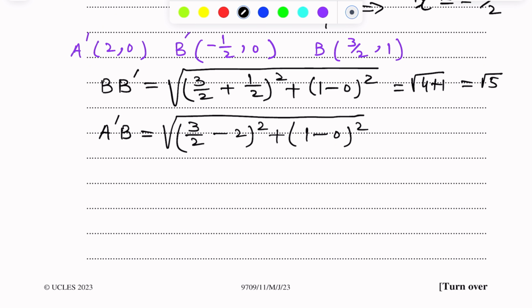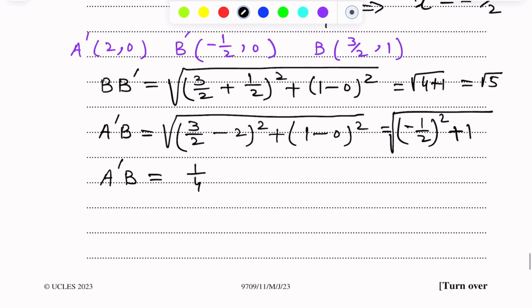Simplifying it, we get minus 1 over 2 whole square plus 1 whole square, whole under root. After simplifying, we get A dash B equal to 1 over 4 plus 1. Further simplifying, we get 5 over 4 whole under root.